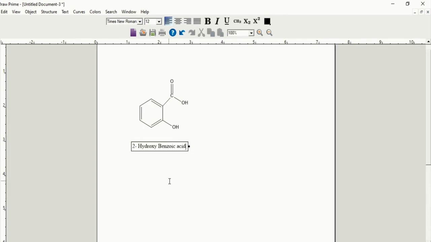Hydroxybenzoic acid. This is also called salicylic acid, the C double bond OOH.